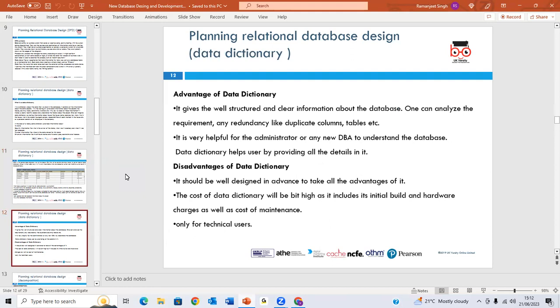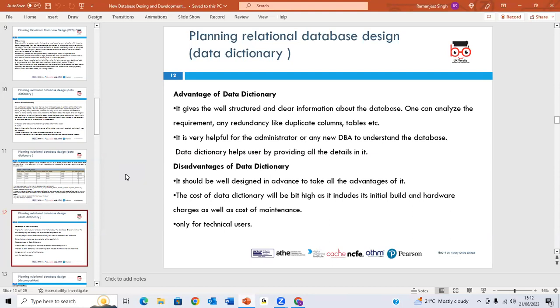So what are the advantages that we look into when it comes to creating this type of database? It will give us well-structured and clear information about our data, which is a good advantage when it comes to validating and verifying our tables.